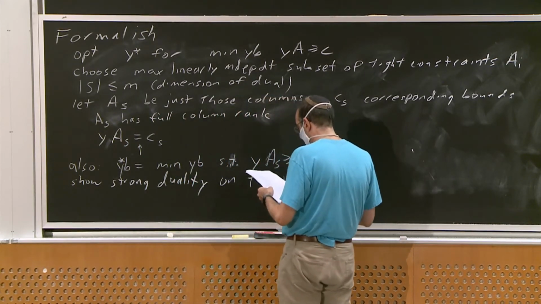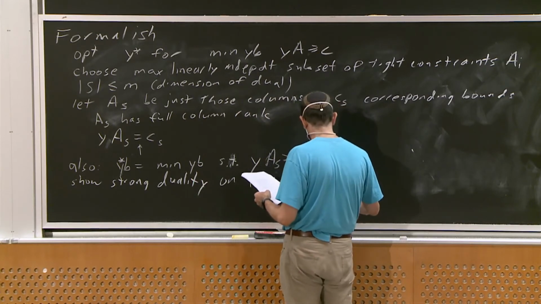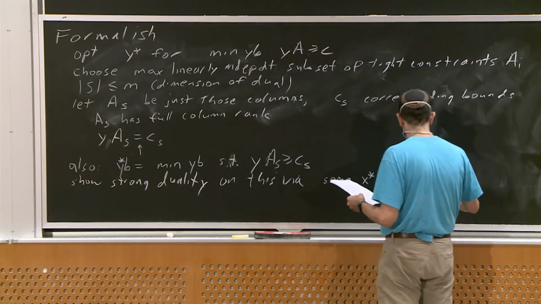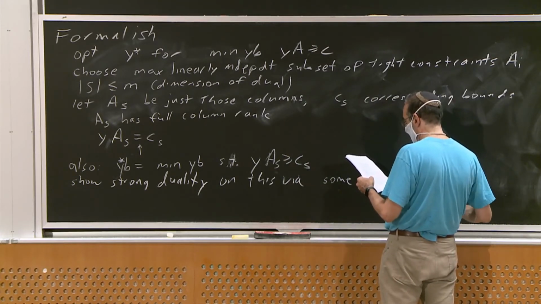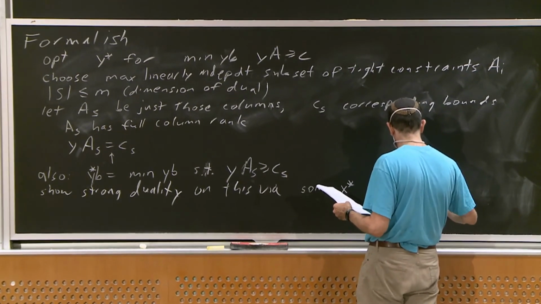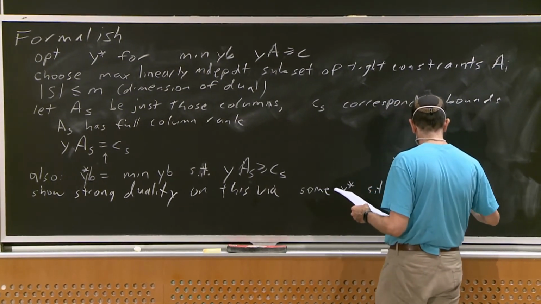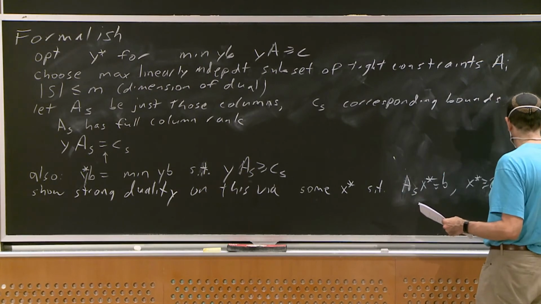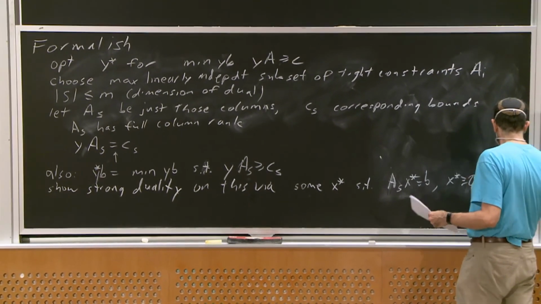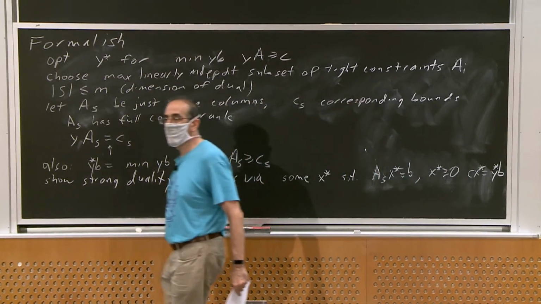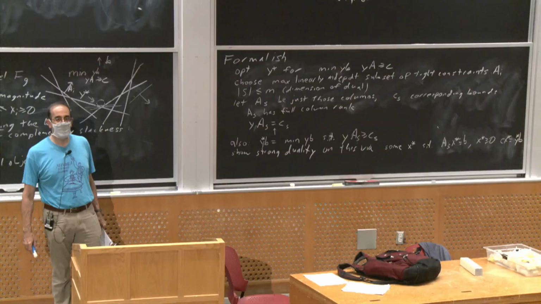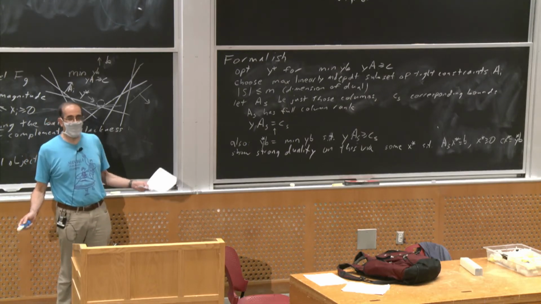Via some x star such that A_S times x star is equal to b, and x star is greater than or equal to 0, and c x star is equal to y star b. Okay? That's what I need to prove. I need to prove that there is such an x, and then I will have proven strong duality, right? Okay, that proves strong duality for A sub S.